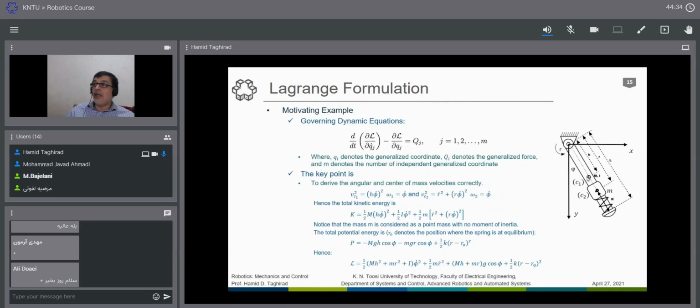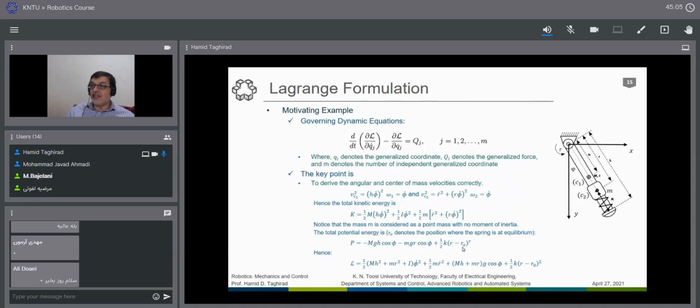And also we have, this one is very similar, mgr cosine of phi for this one. This is the r case. And we have also a spring here. Therefore, we should consider that as well. We consider that the spring is at rest when we are at r0, some place where the spring is just put there.